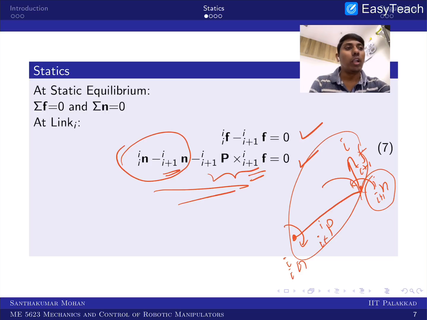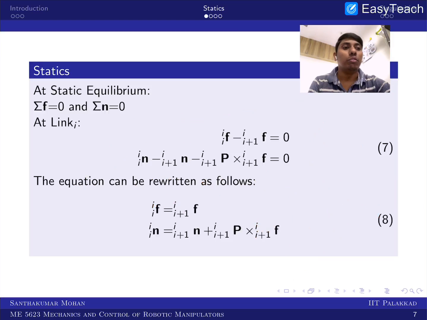Now we will go for the forward propagation for the velocity, and the backward propagation for the force balance. That we will see in the upcoming lecture, but right now this is the relation which we wanted to use, right? So if I rewrite this equation, you can see the propagation.